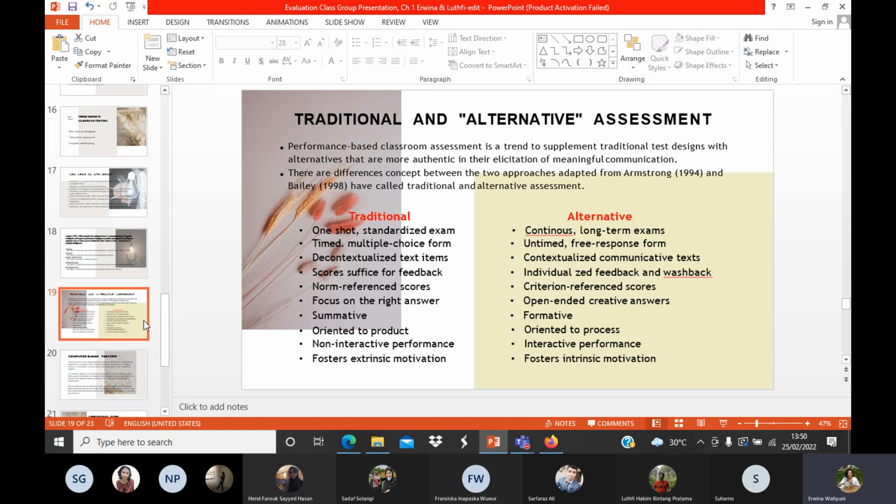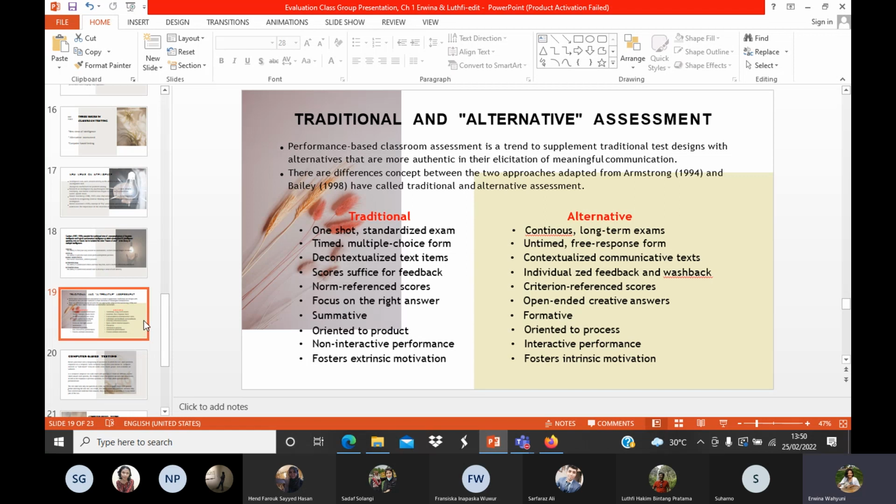Alternative is criterion-referenced scores. Traditional is exactly focused on the right answer. Alternative is widely open to any creative answer that still makes sense. Traditional is summative. Alternative is formative. Traditional is oriented to product. Alternative is process oriented.